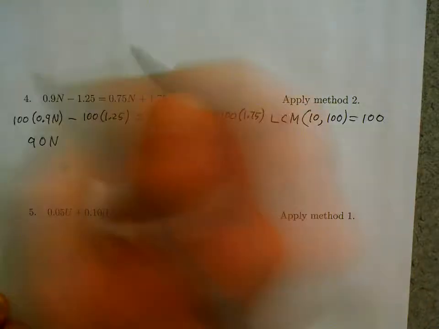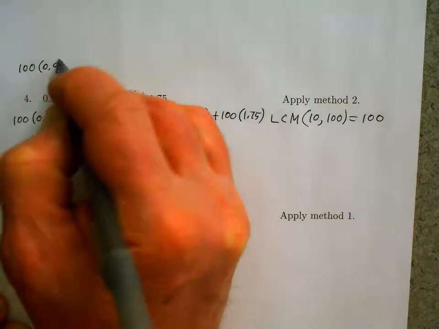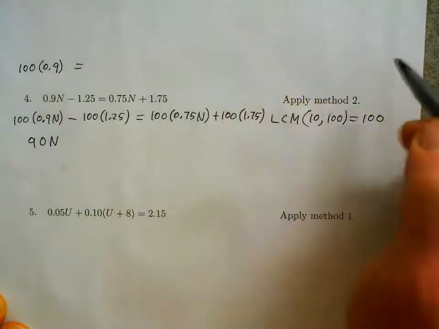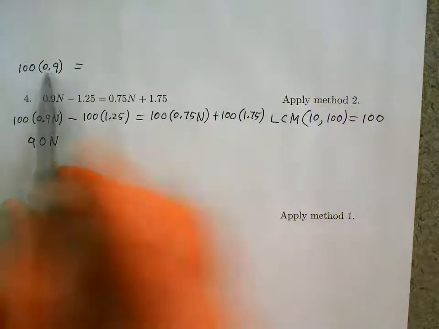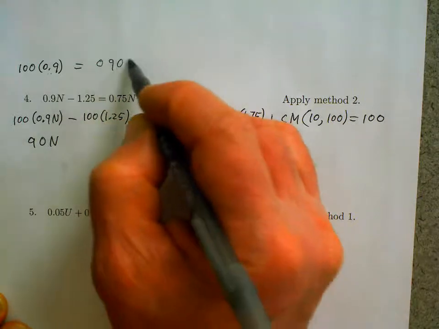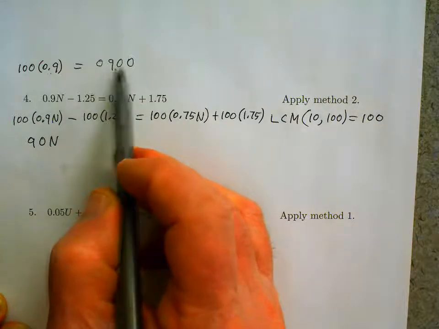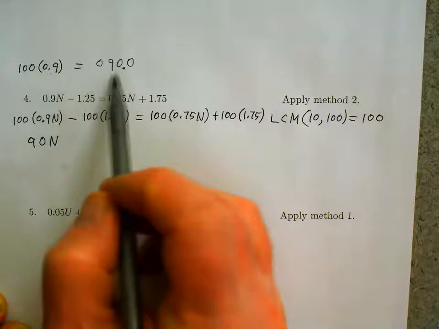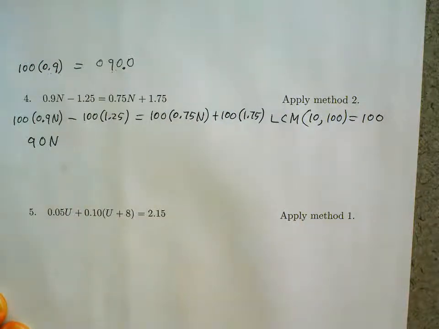So if you just focus on multiplying 100 times 0.9, remember what I said, multiplying a decimal number by 100, you just move the decimal 2 places to the right. This is where the decimal started out, 0.9, move the decimal 2 places to the right, we get 90.0 or 90. Are we all in agreement about that?